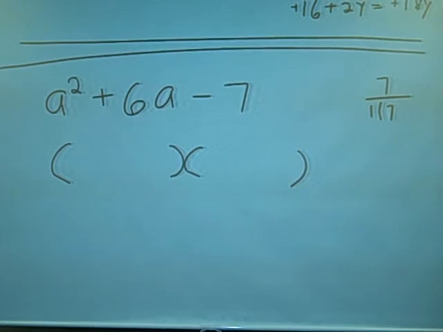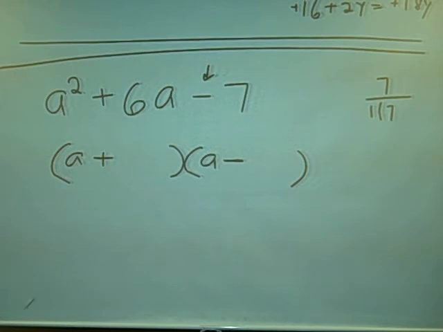Anytime you see the number 7, that's considered a prime number. But in our a's, how about our signs? What are they? A plus and a minus, right? Signs are opposite because our C term is a negative.